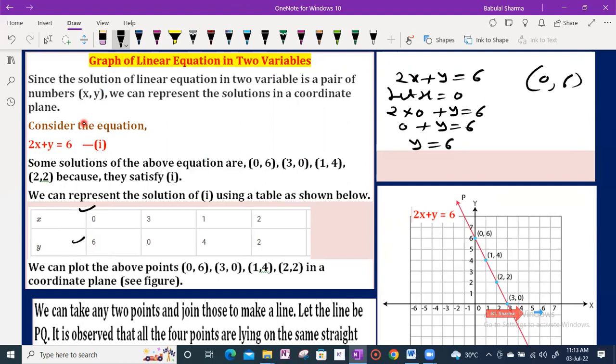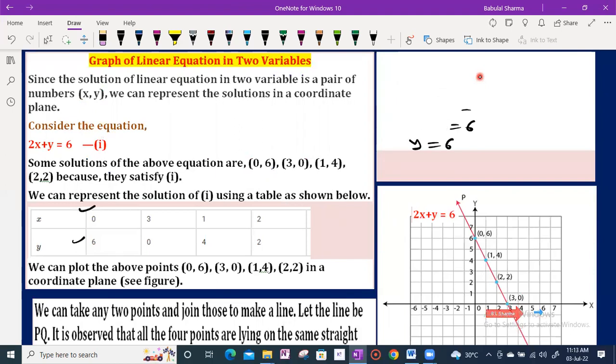Infinitely many solutions इसके होते हैं, देखिएगा. Then we can find out the other solutions also. That is the second solution of it.